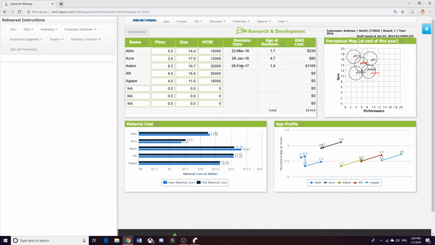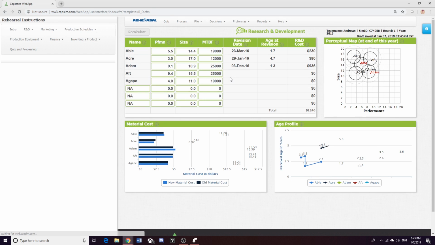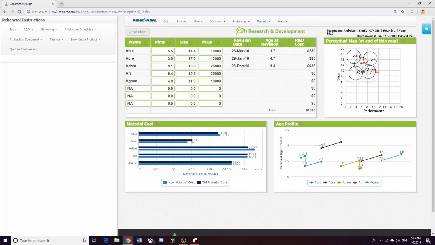It decreased by 1 month. So we say, okay, so we want this to be 9.1, and this we want it to be 10.9. How is this going to be? Perfect. You see this? It's going to change, but it's not going to change until the last round.